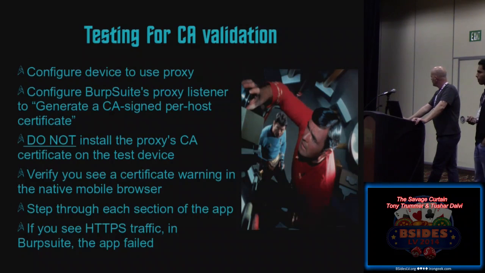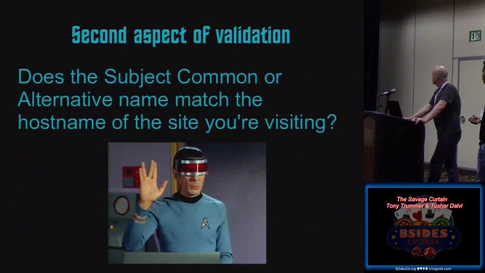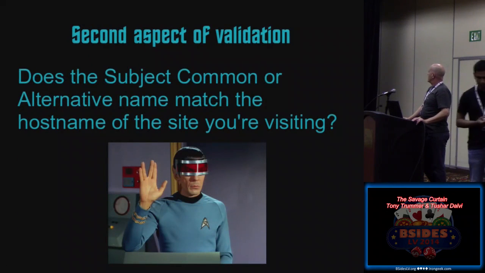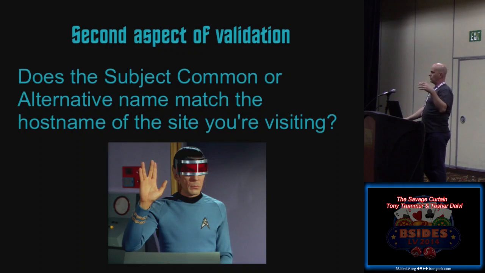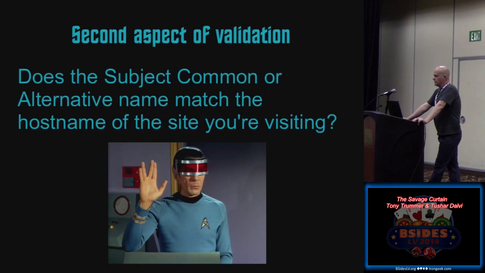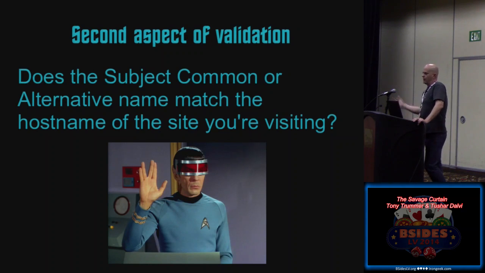So of course, after looking at these, we wanted to see, well, what else could go wrong? So we sort of just stepped down the certificate validation chain, right? Like what would you do next? The second aspect of validating certificates is basically, does the subject common name or alternative name match the host name of the site that I'm trying to contact, right? This entire trust model falls apart if anybody could go to, let's say, DigiCert and get foo.com, and then your app accepts it even though they're trying to go to google.com or whatever it is.